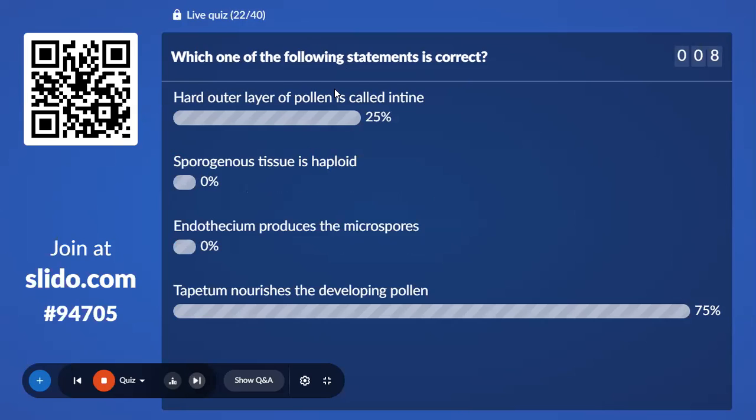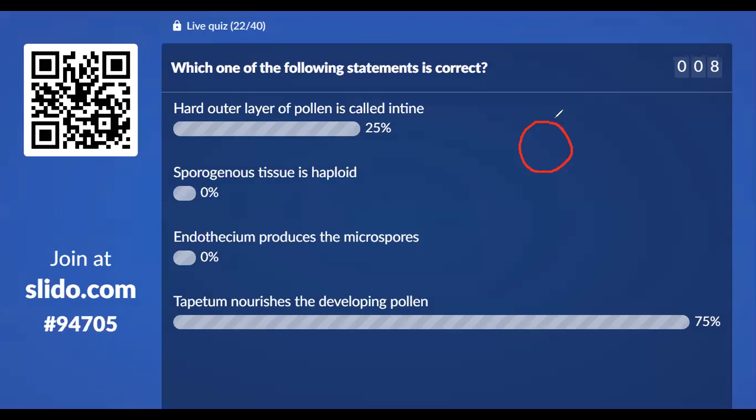What is this, guys? Suppose it's the pollen grain. If you consider the pollen grain, you have an outer covering. This layer is exine, and this internal layer is intine, right?